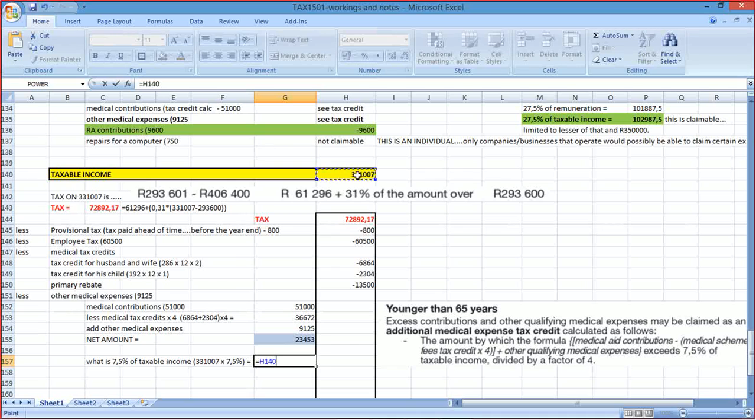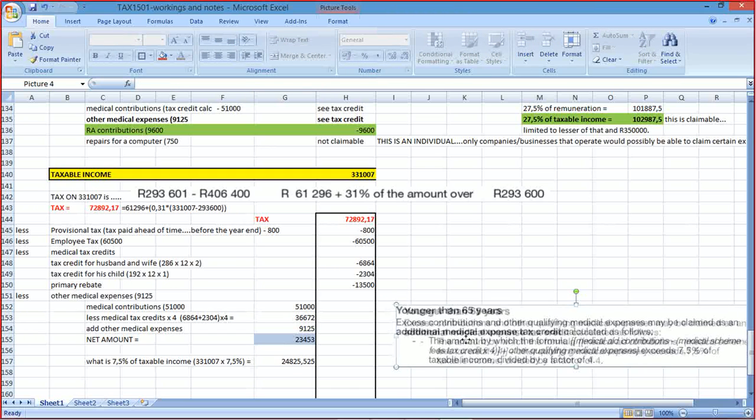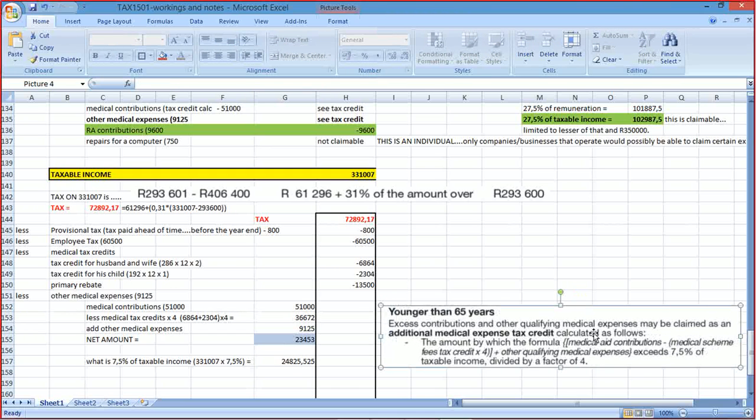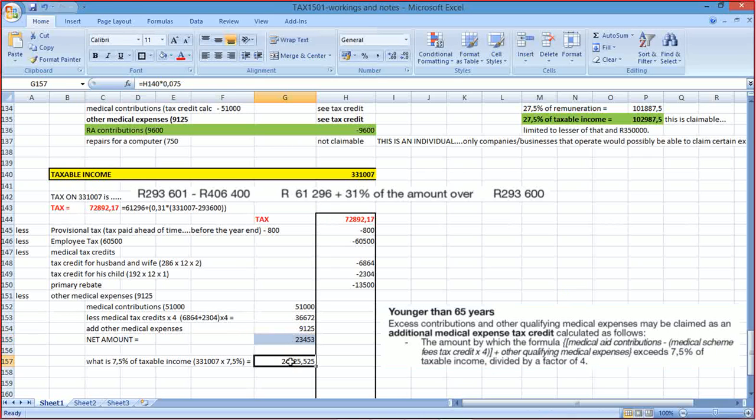That figure times 0.075 gives me that amount. The question says younger than 65, excess contributions and other qualifying medical expenses. Does this amount exceed that amount? No, it doesn't. It's less than.